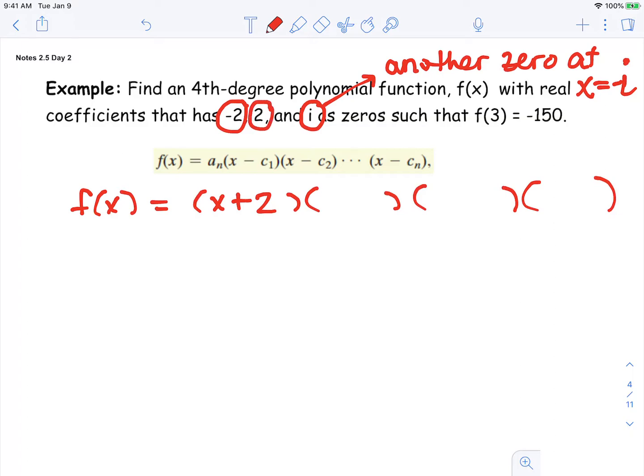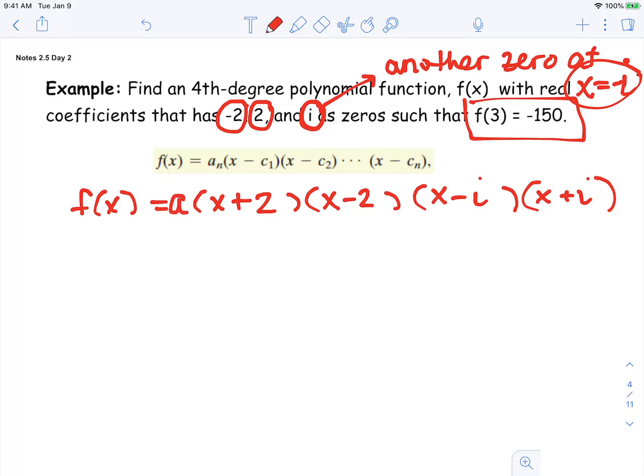The next one is opposite sign. The next one. And then the last one. And then we have this guy here, f of 3 equals -150. So that'll come in a little bit. I don't know what that leading coefficient is, so I'm just going to go ahead and put a sub n. We will find that later.